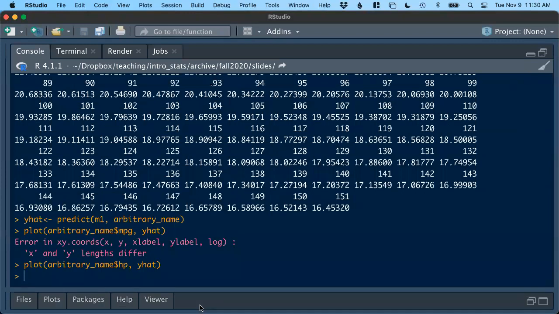We're going to use predict to compute y hat, which we could do by hand, beta 0 plus beta 1x, but we can automate that with R over whatever range we're interested in. Here I said arbitrary name is going to be 50 to 200. No reason I couldn't make it 10 to 300.